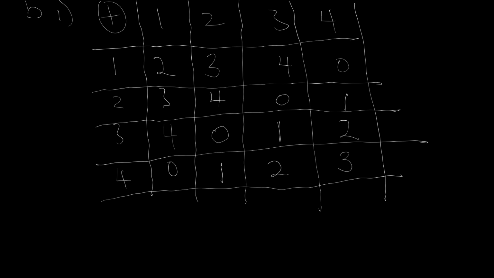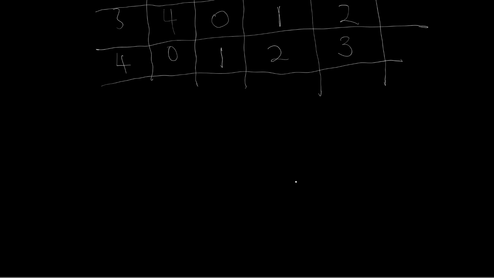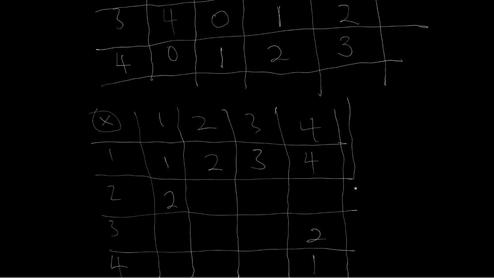So we'll do the same for the multiplication in modulo 5. So multiplication in mod 5. So 2 times 2 is 4. It's less than 5, so we write 4. 2 times 3 is 6. Now 6 modulo 5, which means 6 divided by 5 should give what remainder?